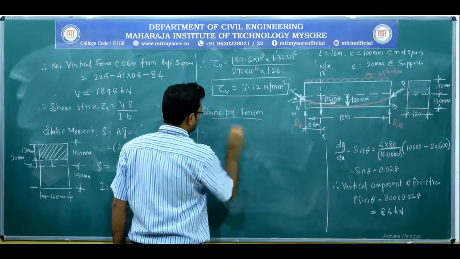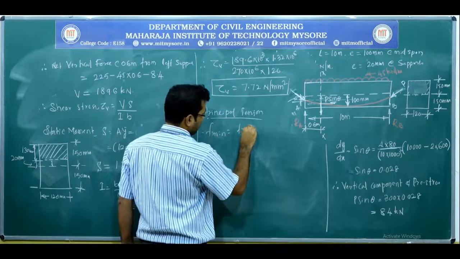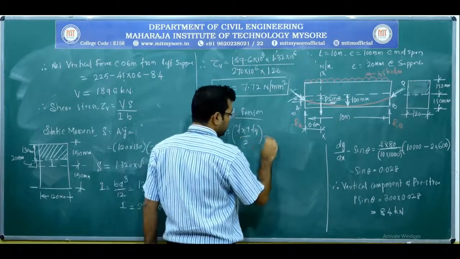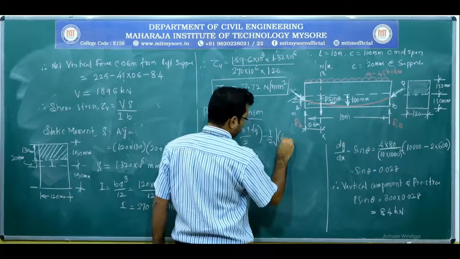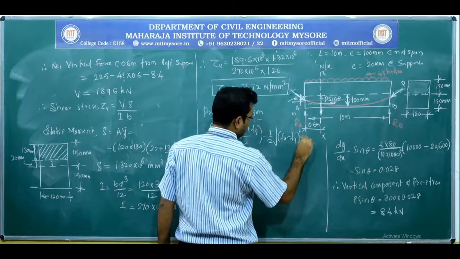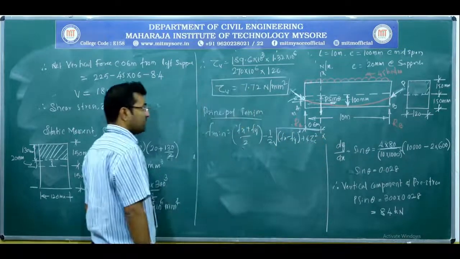Principal tension, f minimum, is equal to (fx plus fy) by 2 minus half into the square root of (fx minus fy) whole square plus 4 times tau square. So this is our formula.